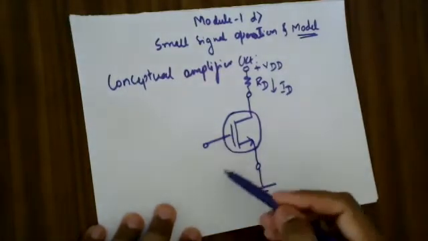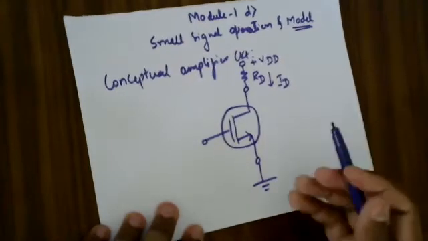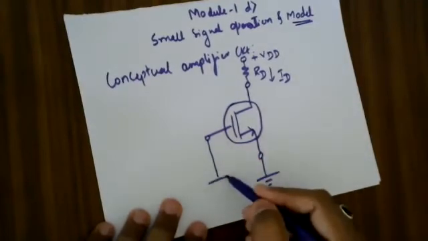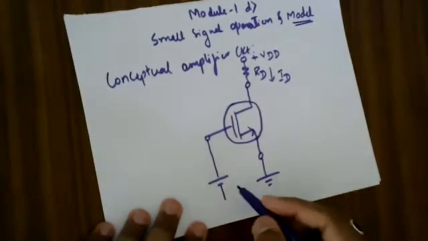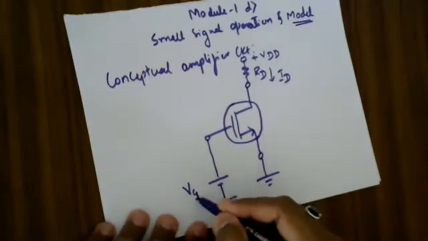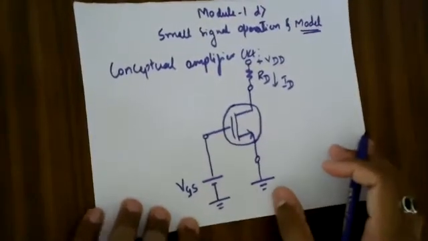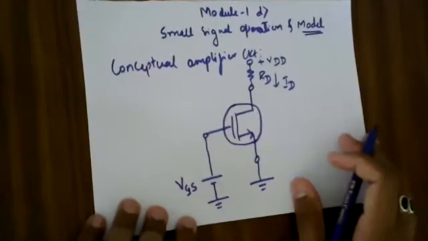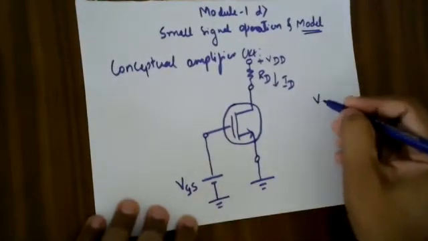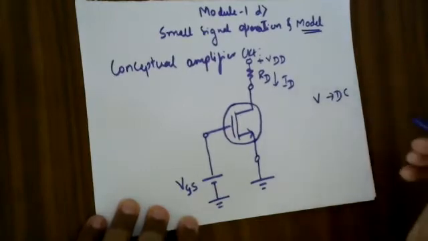Then I have to apply some gate to source voltage, the biasing voltage, so I'll have a DC voltage, which is VGS. I hope you remember the notation we discussed for a transistor: if I write a capital V, this indicates a DC term.